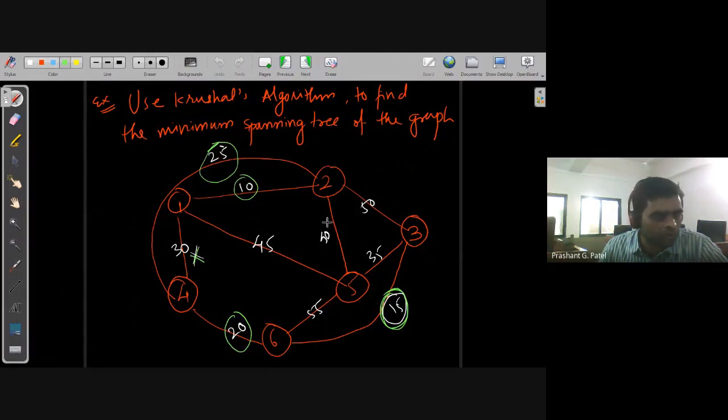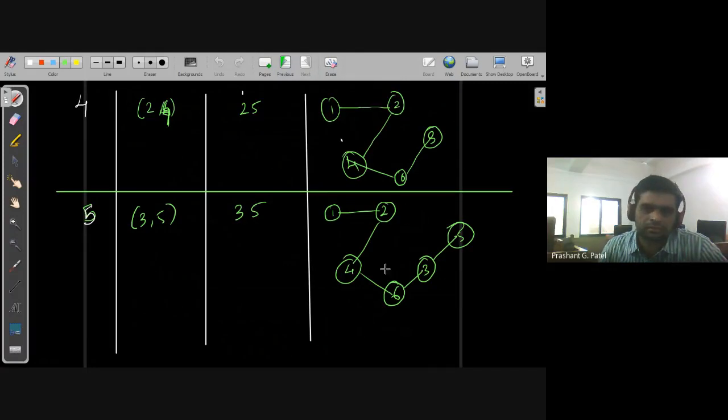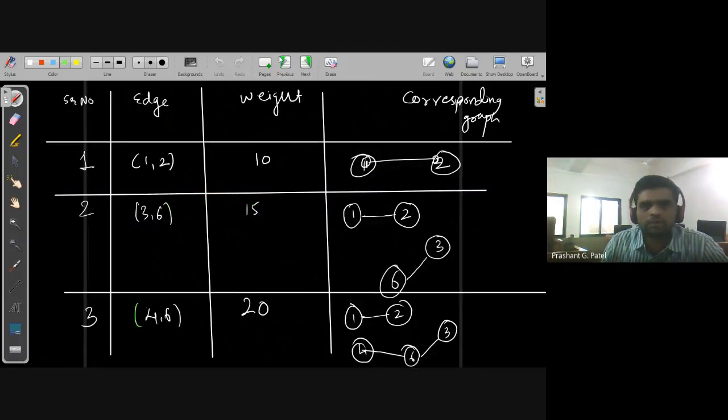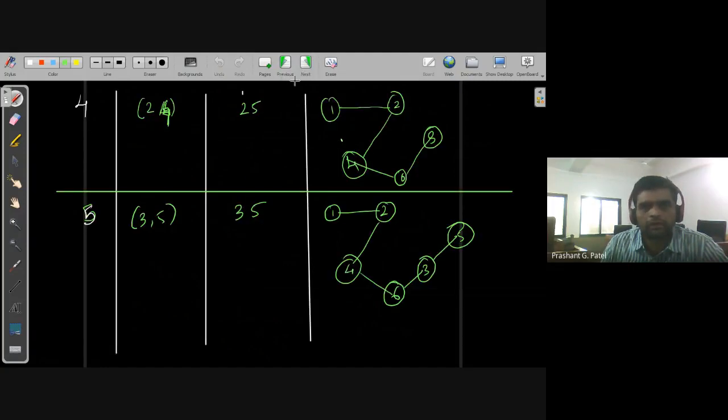It will cover all the vertices of the graph G, and also it is a minimum one. So what will be the total weight? Total weight is equal to 10 plus 15 plus 20 plus 25 plus 35.